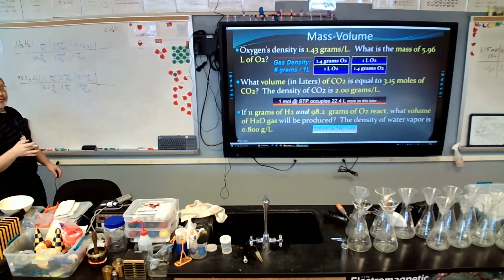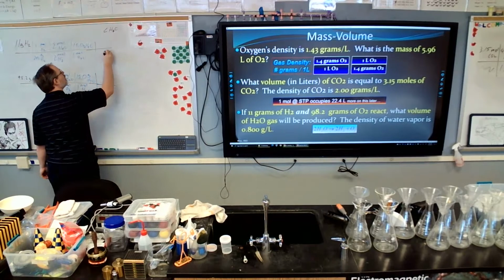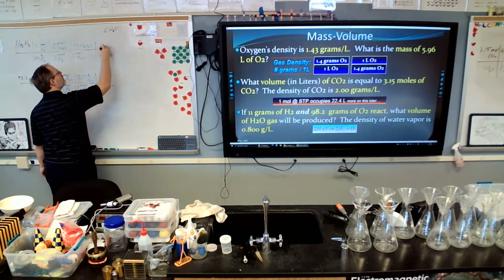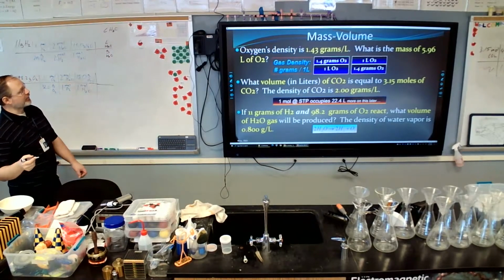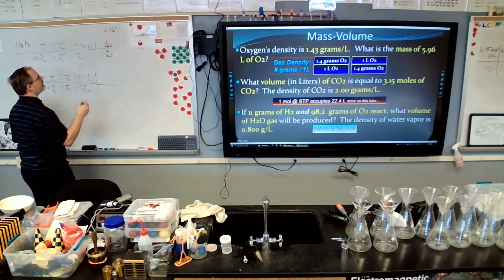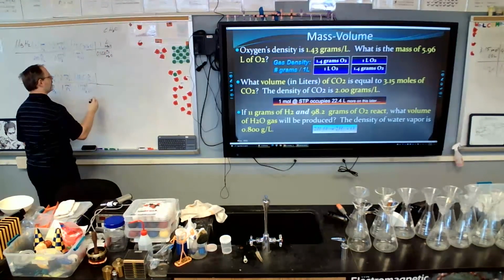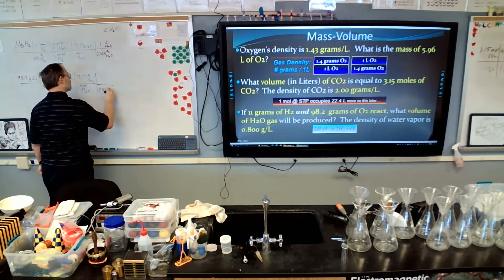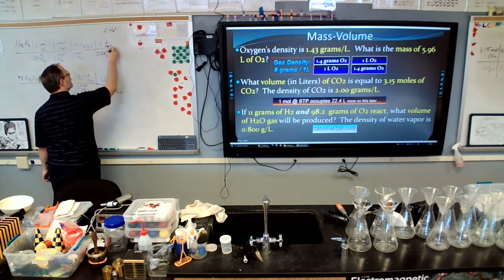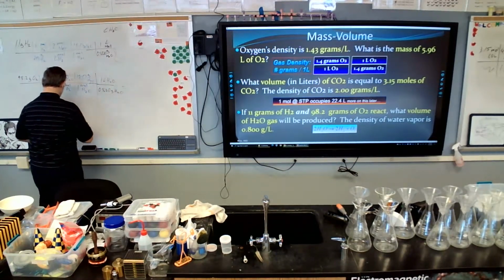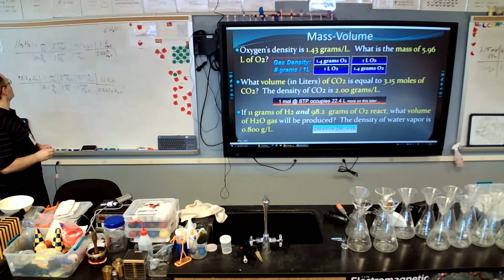The exercise wants liters. So grams H2O to liters of H2O. Now we're using our gas density, and the gas density of water is 0.800 grams of H2O to 1 liter of H2O. And that's going to produce 2 answers, and we're going to choose the least.